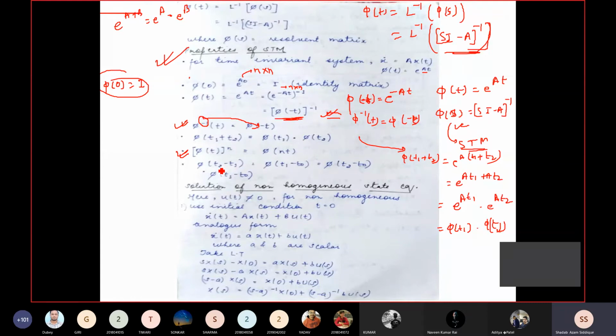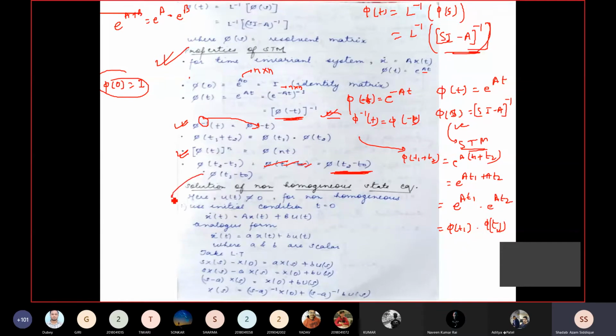We are just having t2 minus t1 and t1 minus t0, so this t1 gets cancelled if you take it in exponential form. This can be written as phi(t2 minus t0).